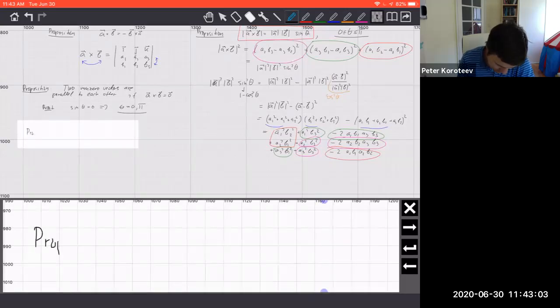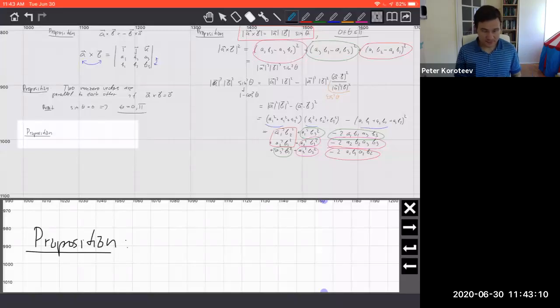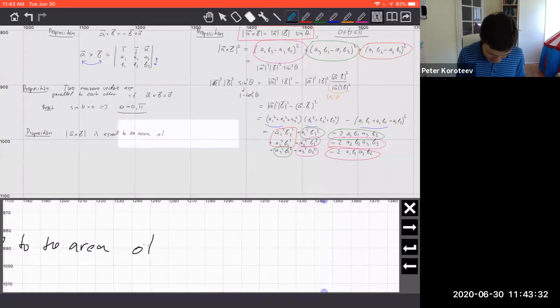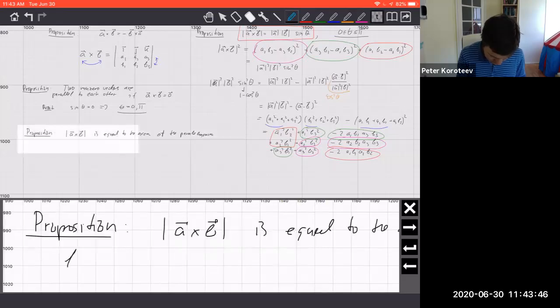There's another proposition saying that the length of A cross B is equal to the area of the parallelogram built on, or based on rather, A and B.